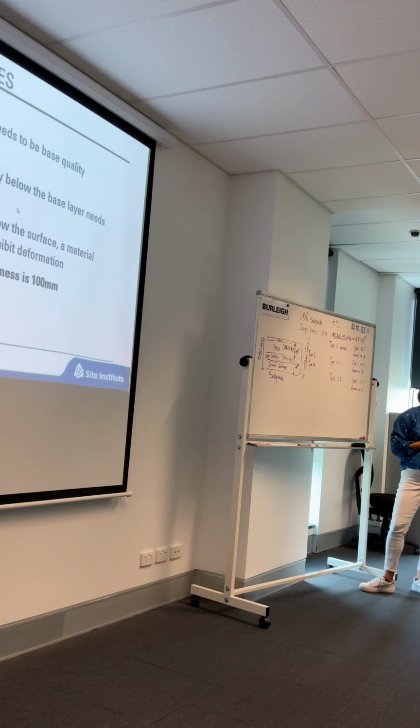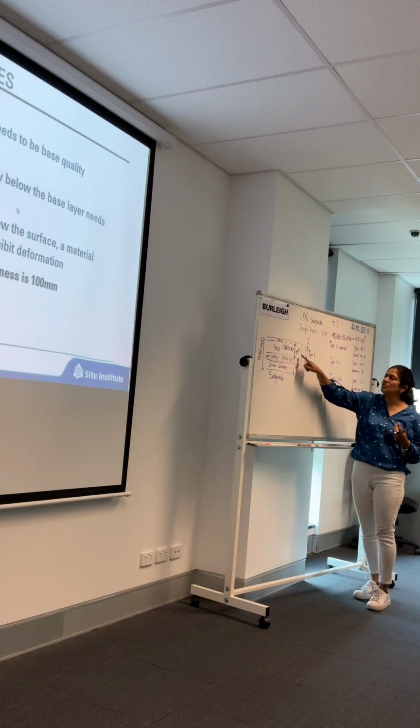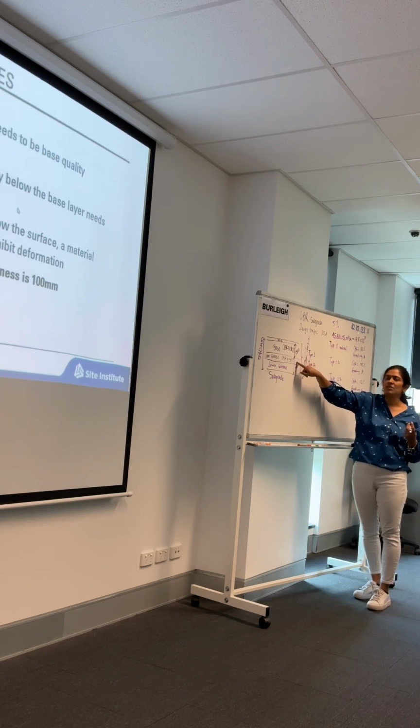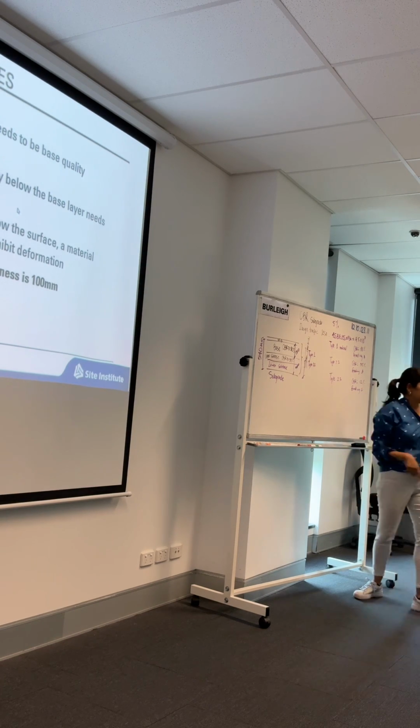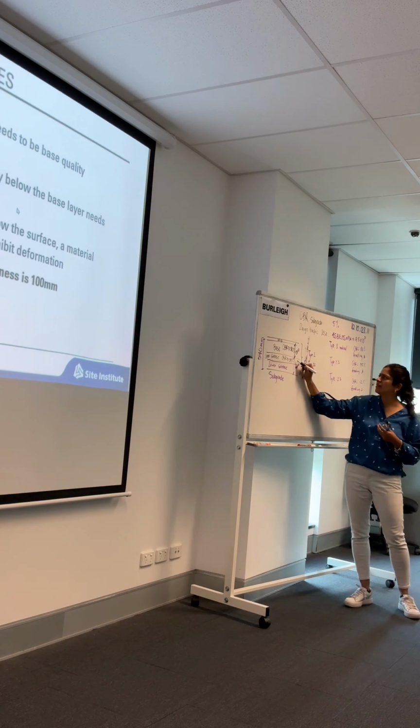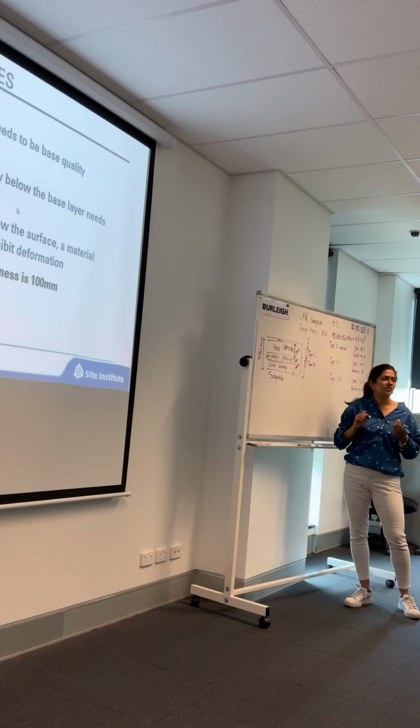Maybe not. Because we are going to make kilometers and kilometers of road, and the standard says you just need a CBR bigger than 13% for the first 250 millimeters, that's what I'm going to do. I'm going to look how much is missing to the 250 millimeters. 70 is missing.